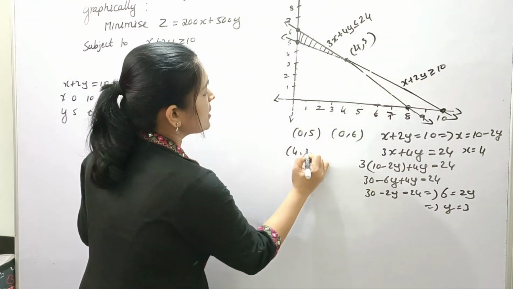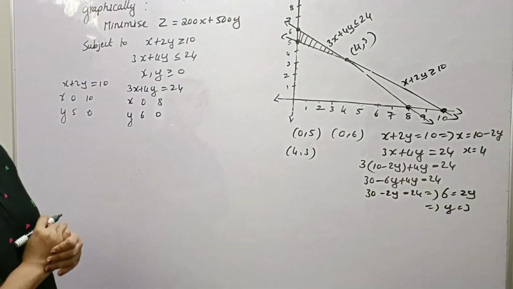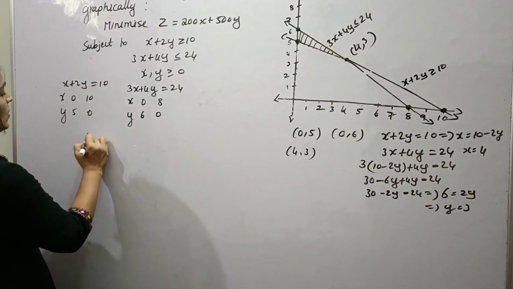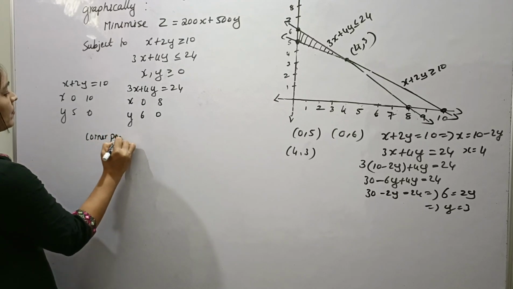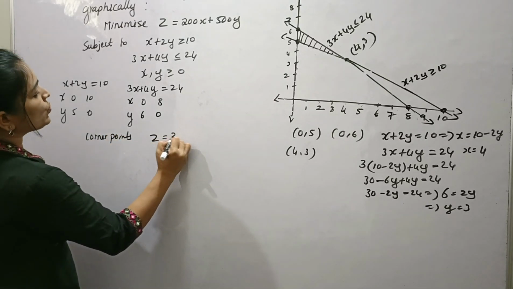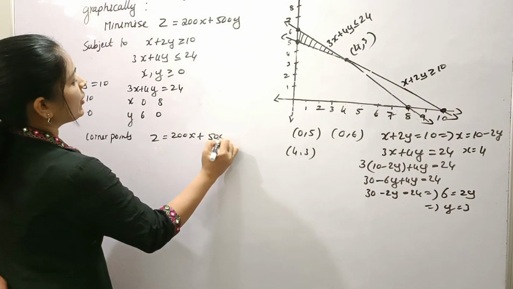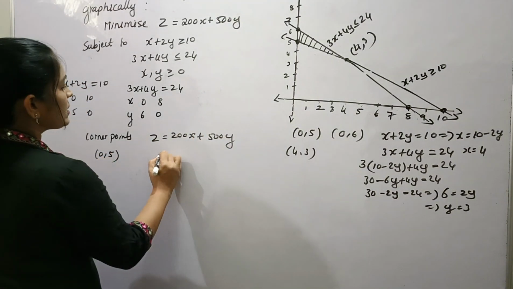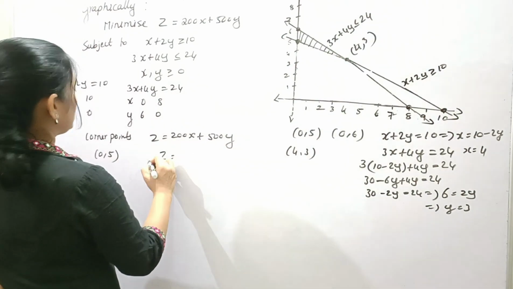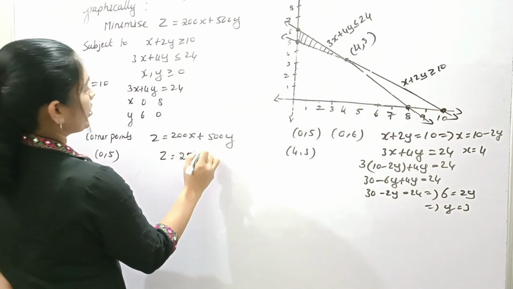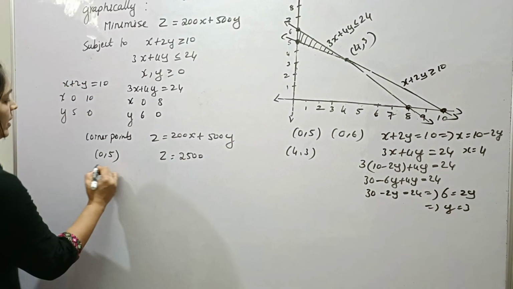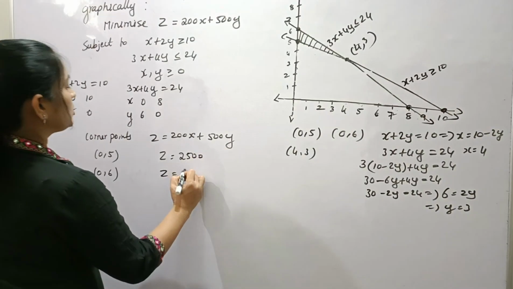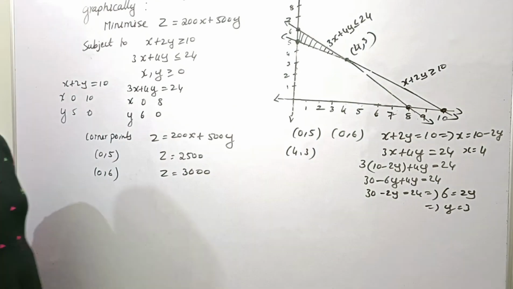So what are the corner points? 0, 5, 0, 6 and 4, 3. Now let's find at which point z is minimum. Corner points. z is equal to 200x plus 500y. At 0, 5 z is equal to 2500, right? 500 into 5. At 0, 6 z is equal to 3000, right?